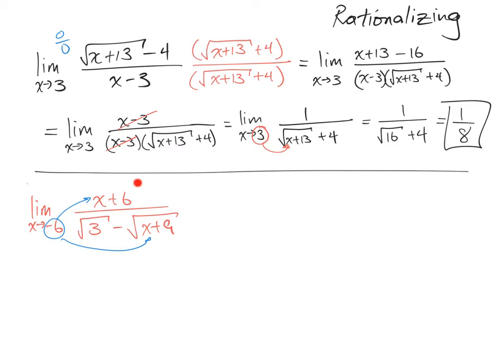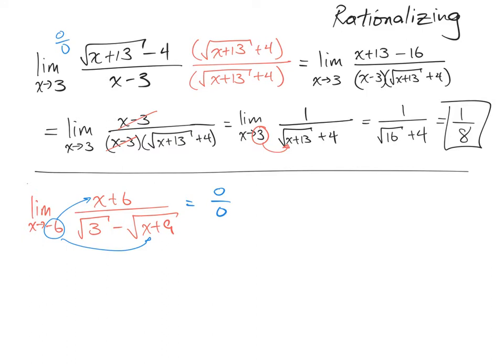Back to the example down here. Again, if you substitute in this -6 here and here, you'll end up with the form 0 over 0. So what you will need to do instead is multiply top and bottom by the conjugate pair of the denominator.